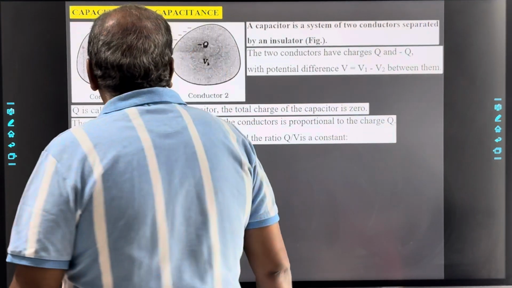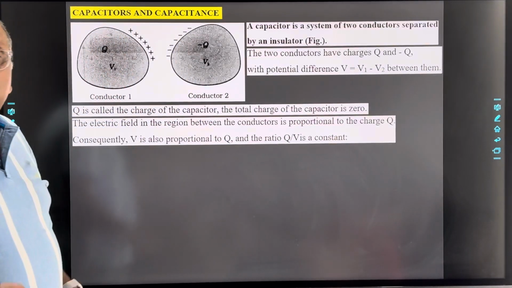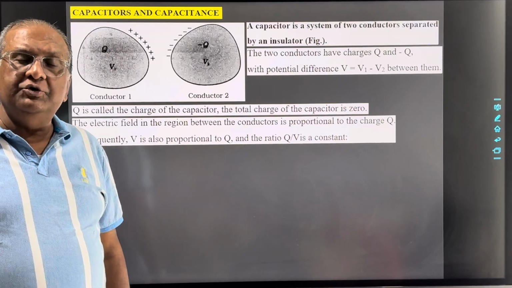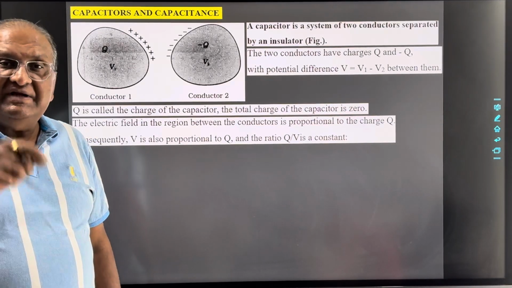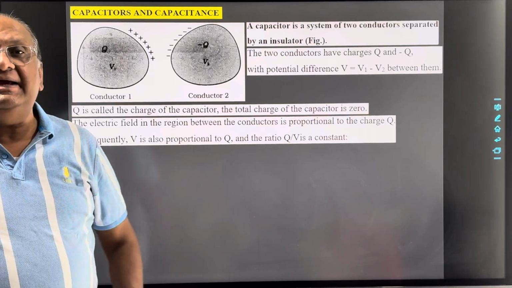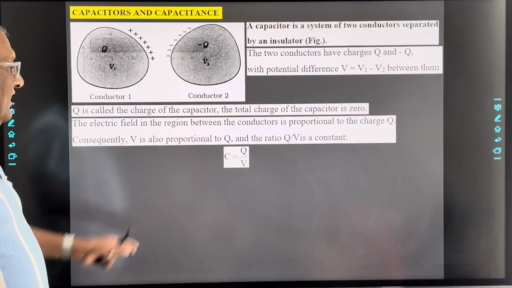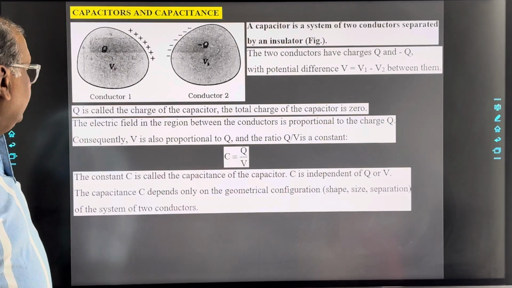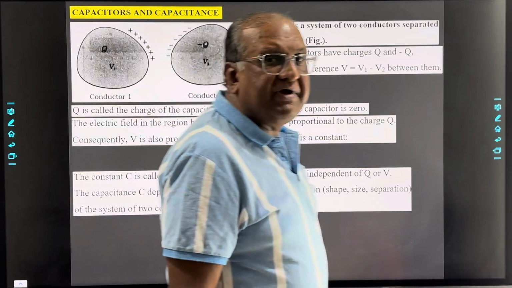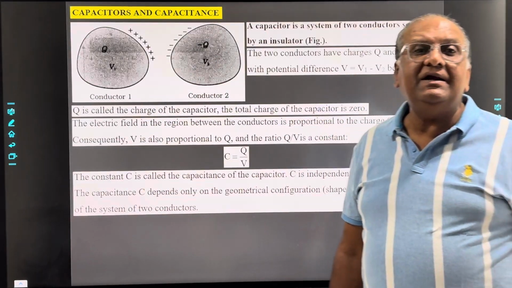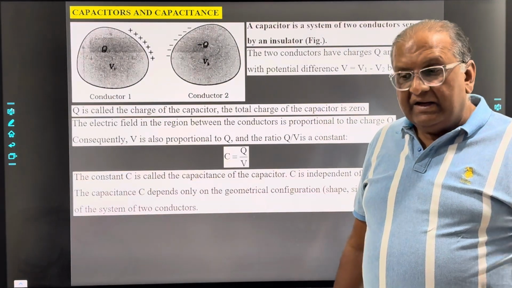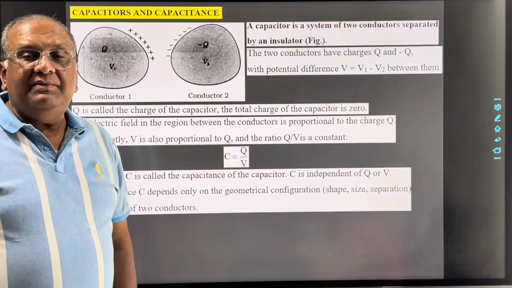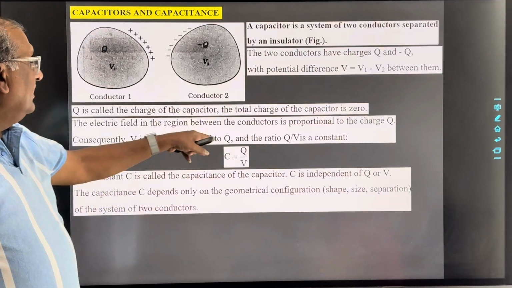to charge Q. But here Q by V remains constant, and this particular ratio Q by V, which remains constant, is known as the capacitance of the capacitor, and it is denoted by C. Now this capacitance of the capacitor is independent of Q and V. It depends only on the geometric parameters of the capacitor.